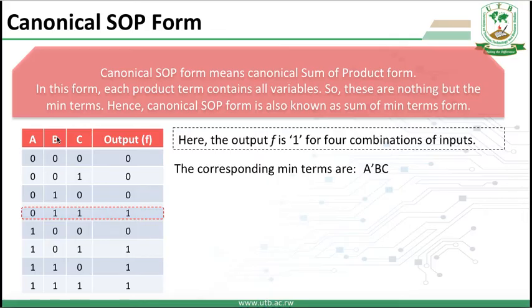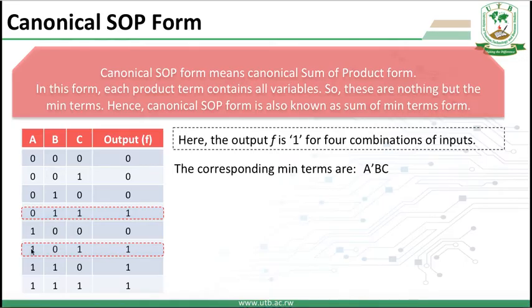If the Boolean variable is not 0, then the variable itself we write in the min term. So A complement, because in this row, when we get an output, this could be the input to get 1 as an output. So A is 0, B is 1, so B, C is 1, so that's why C. Let's see the next one.